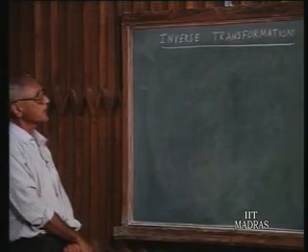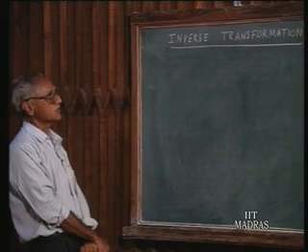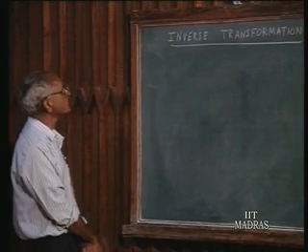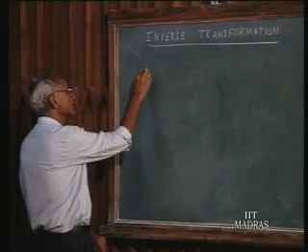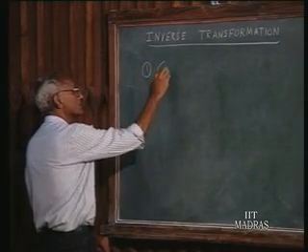To find the discrete time function corresponding to a given Z transform, the process called the inverse transformation, the basic way of doing this would be through contour integration.